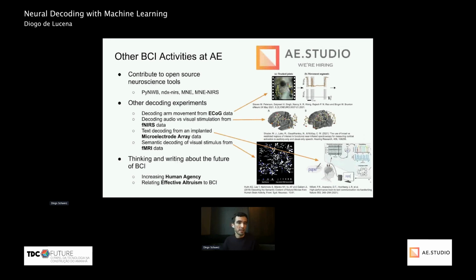A few of the other things that we've been doing at AE that are related to BCI and are super cool to explore is that I've been contributing to a lot of open source neuroscience tools. So really trying to get our knowledge in software development and data science development into more of the hands of the scientists that are developing neuroscience tools and using these in actual experiments.